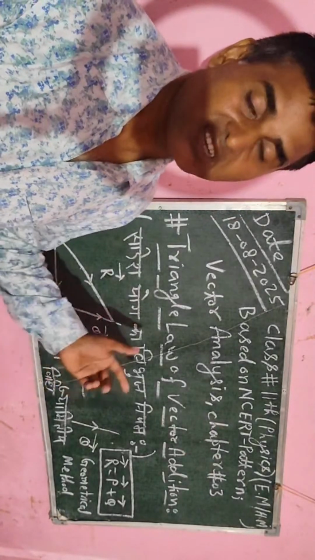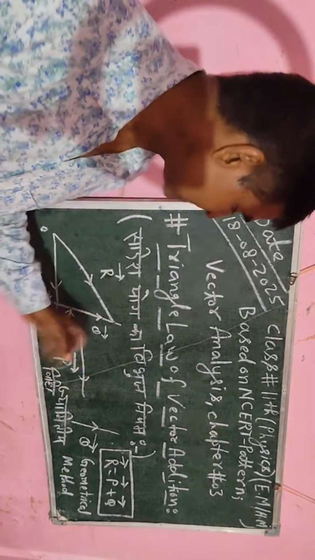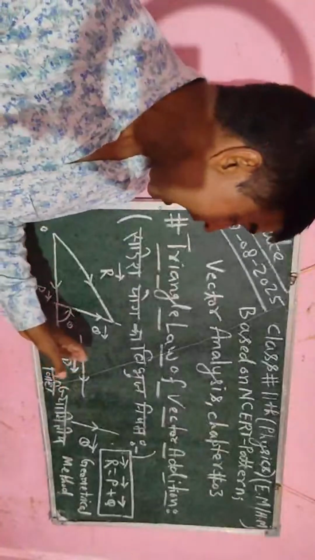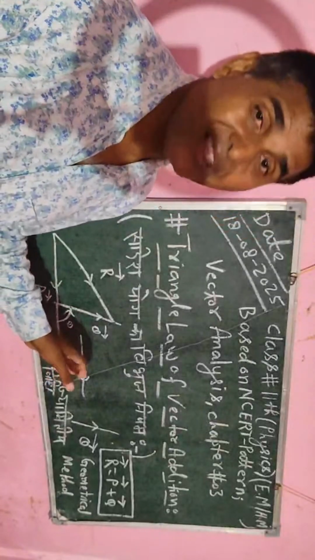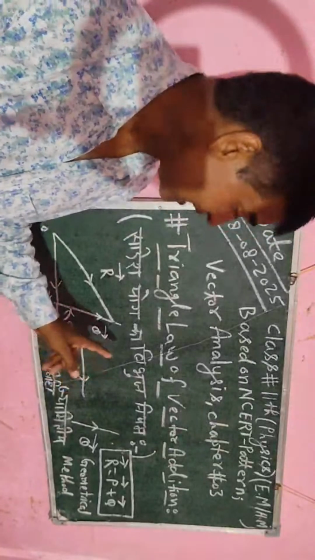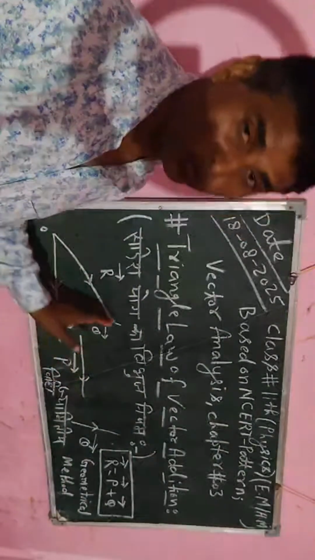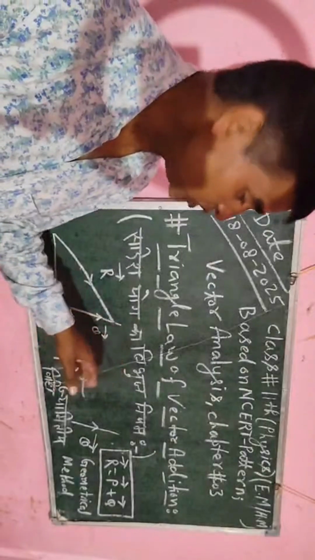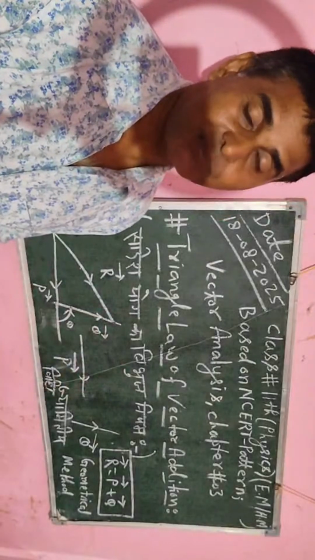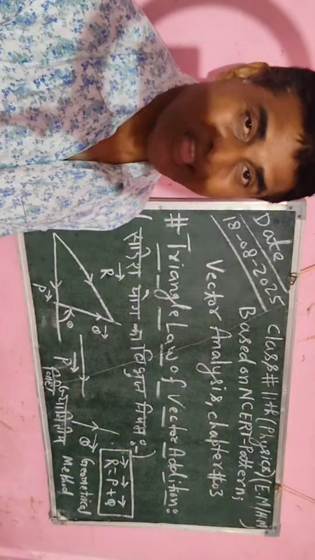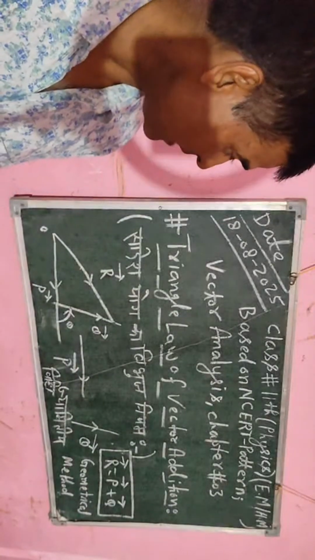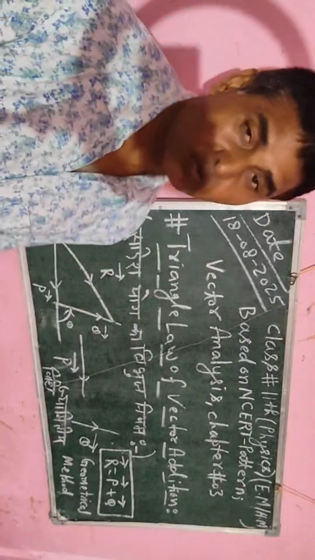Speed will be the distance divided by time. The distance I have to calculate with the help of the magnitude of the resultant vector, and then we divide by the time taken when that particle moves from one point to another. That gives a value, and that value will be the speed of that object or particle which is moving from one point to another.